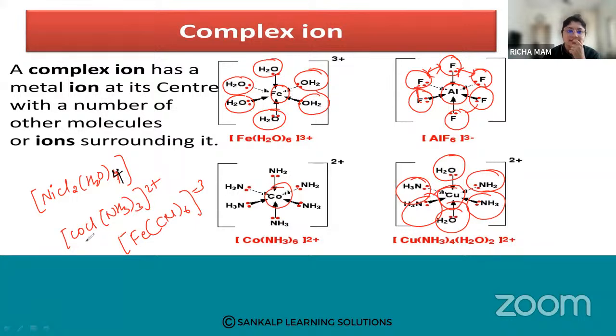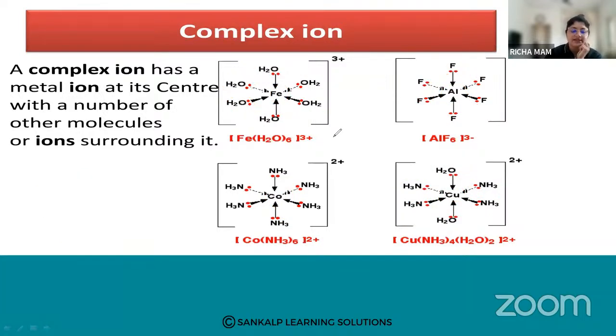Then the second one, cobalt. Yes, very good. Third one, Fe. Very, very good. I hope it is understood. So the central atom or ion to which a fixed number of ligands are bonded in a definite geometrical arrangement in a coordination entity is called the central metal or ion. These are the central atoms or ions involved in these complexes.